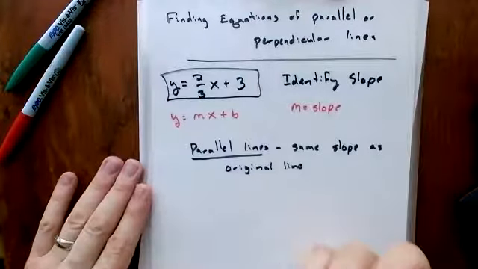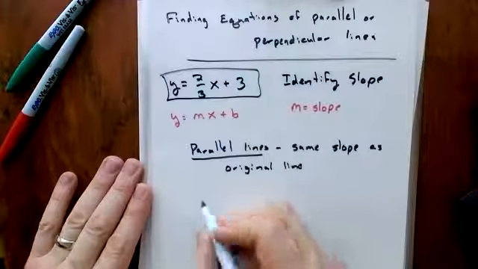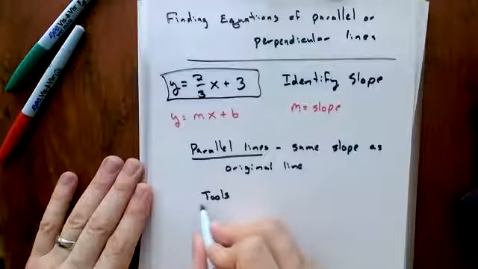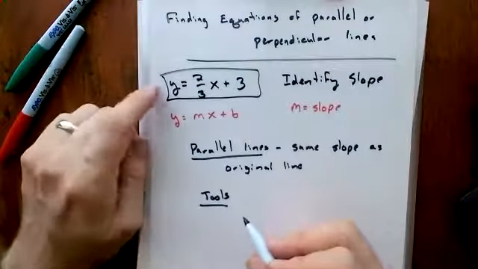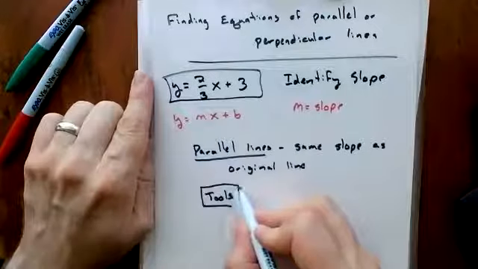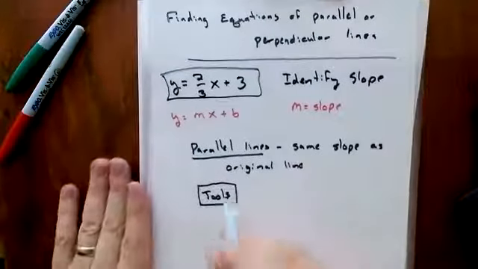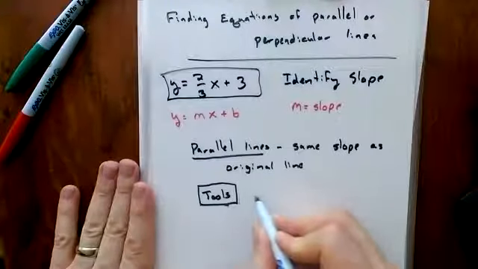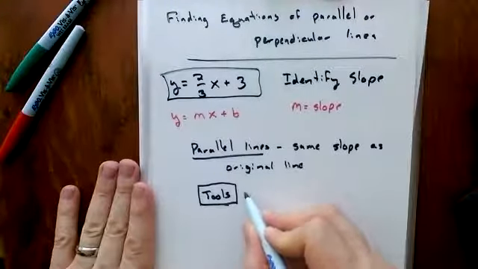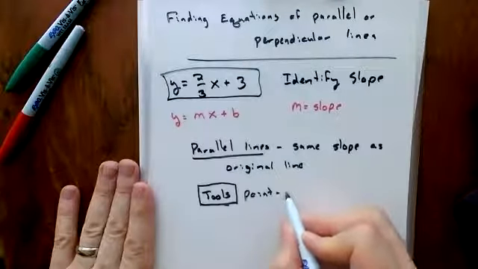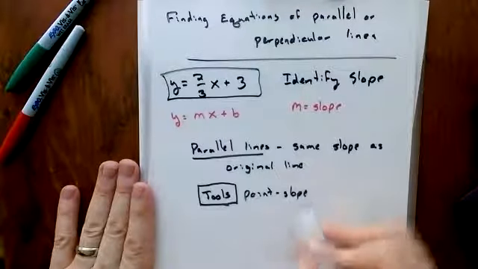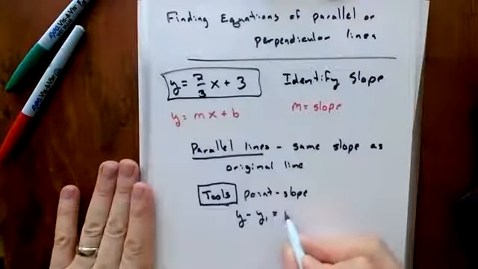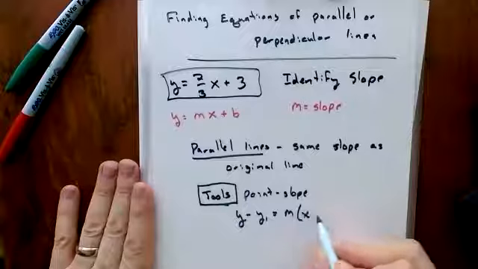And the other tools that we're going to use: if we're given a point that our parallel line is supposed to go through, we could use the point-slope formula, which is y minus y1 is equal to m times x minus x1.